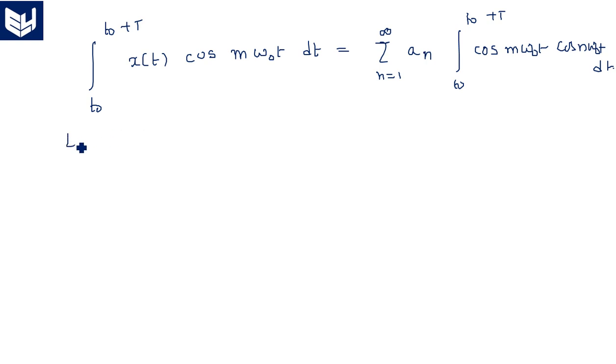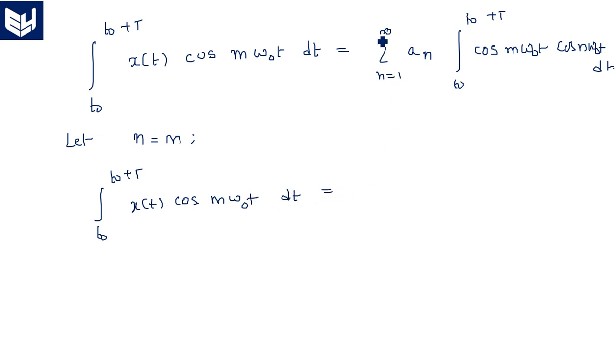Now let n vary from 1 to infinity. In this duration, let us consider some value m. So substitute n is equal to m. Then what happens? Integral t naught to t naught plus capital T x of t cos m omega naught t dt.